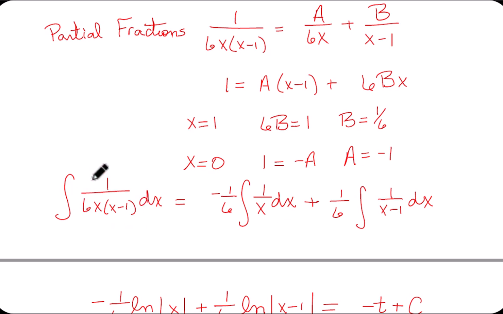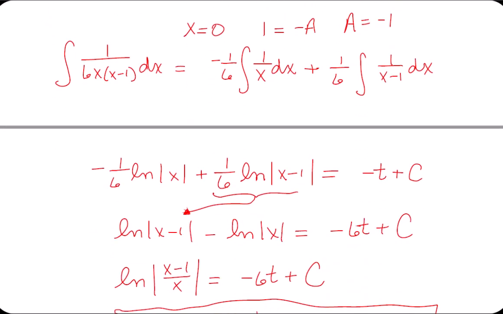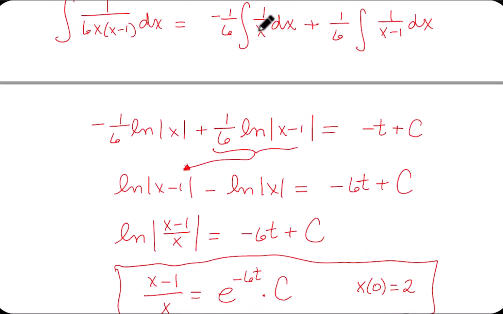So this difficult integral is now the sum of these two easier pieces. And so if I integrate 1 over x, I get ln absolute value of x. Integrate this, ln absolute value x minus 1, and this stuff was from the right-hand side.